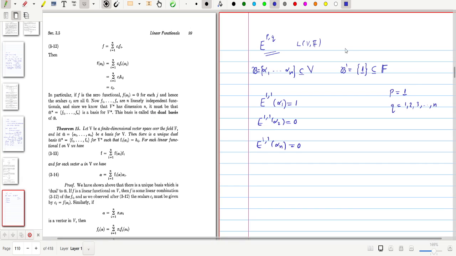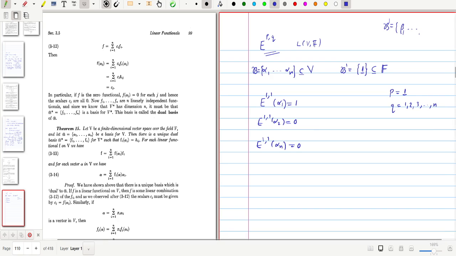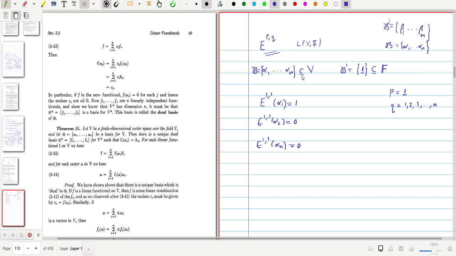Because we were considering a basis for V and a basis for W, we call the basis vectors of W as beta 1 etc. beta m. So m is 1, and if B is alpha 1 etc. alpha n, then n is n here, and the variation of p is 1.